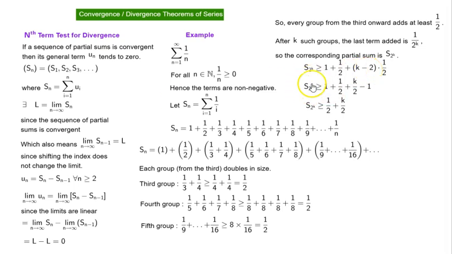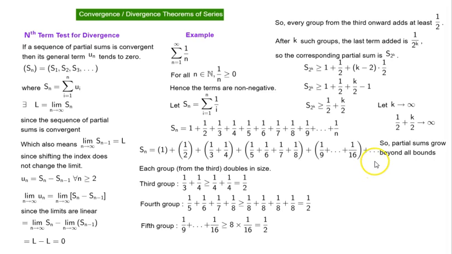Simplifying that, we get S sub 2 to the power of k is greater than or equal to 1 plus 1 by 2 plus k by 2 minus 1. Minus 1 plus 1 cancels out and we are left with S sub 2 to the power of k greater than or equal to 1 by 2 plus k by 2. Now let k go to infinity. What happens? 1 by 2 plus k by 2 goes to infinity.